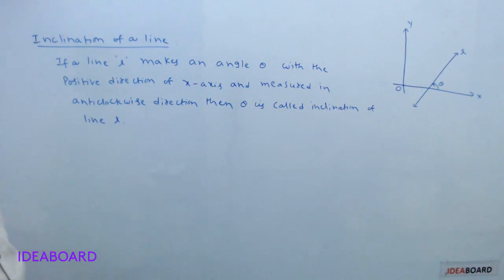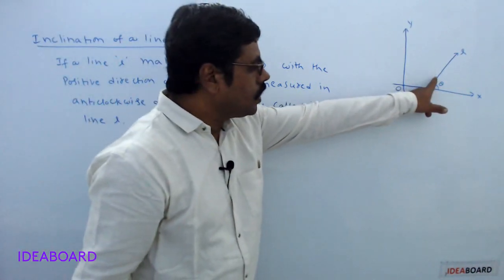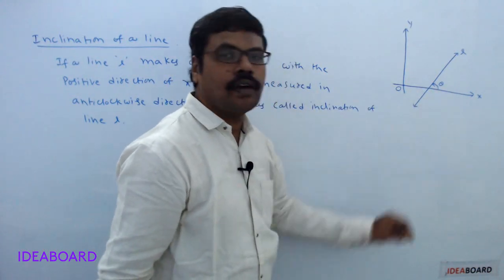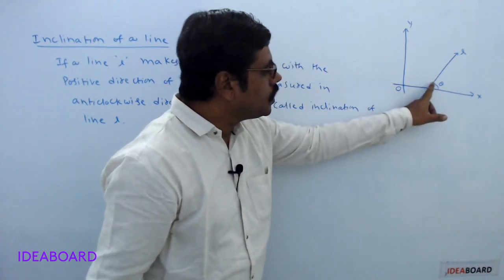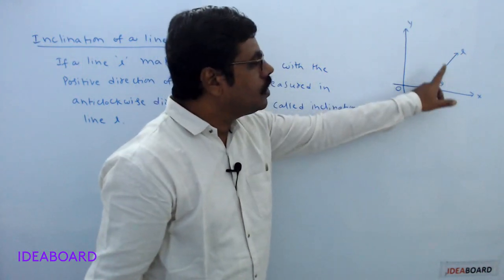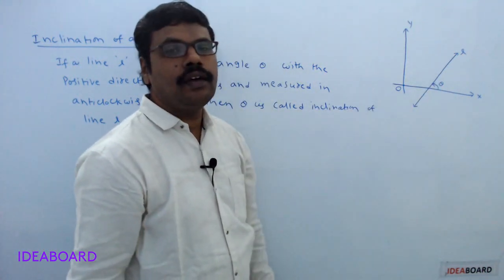So what is the definition? If a line L makes an angle theta with positive direction of x-axis and measured in anti-clockwise direction, then theta is called inclination of the line L.